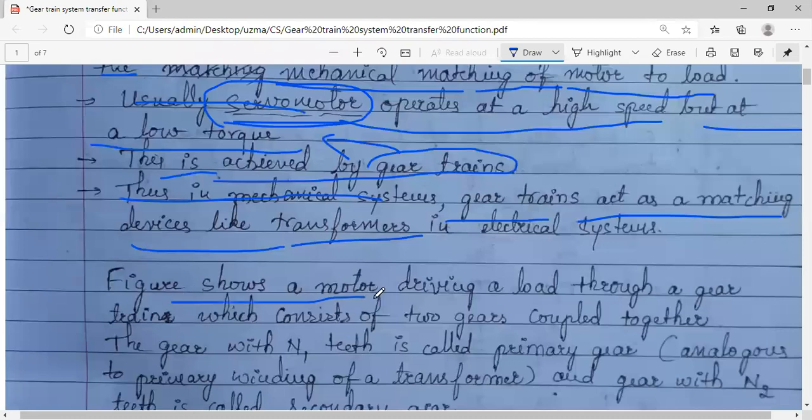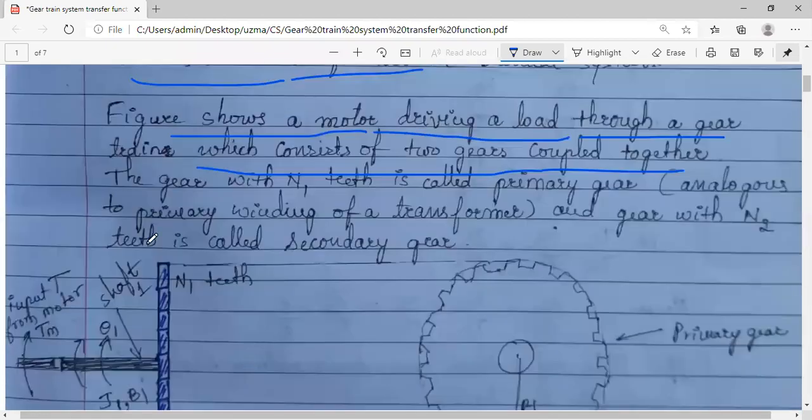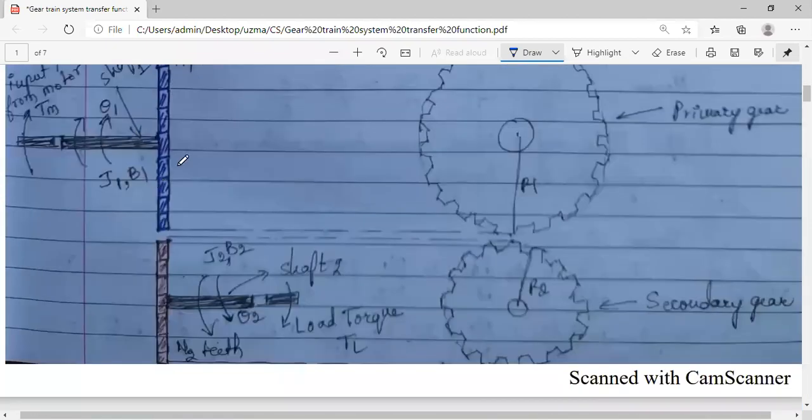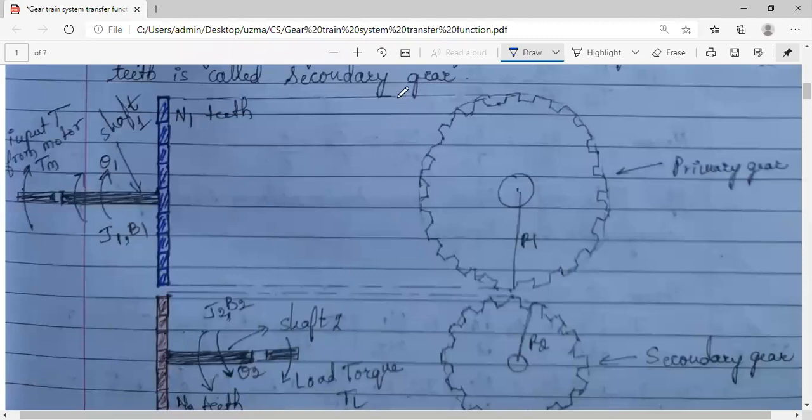The figure shows a motor driving the load through a gear train, which consists of two gears coupled together. See here, there are two figures actually. This is your front view. If you look from the side, then they will look like this. These are teeth, right?